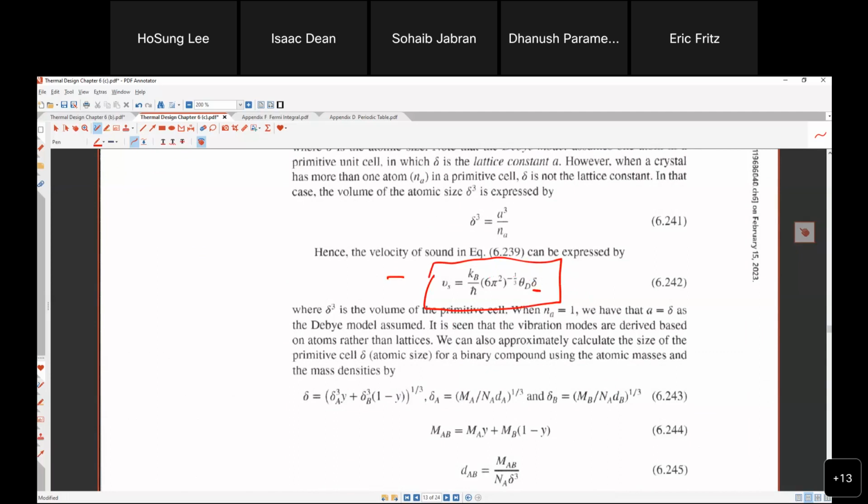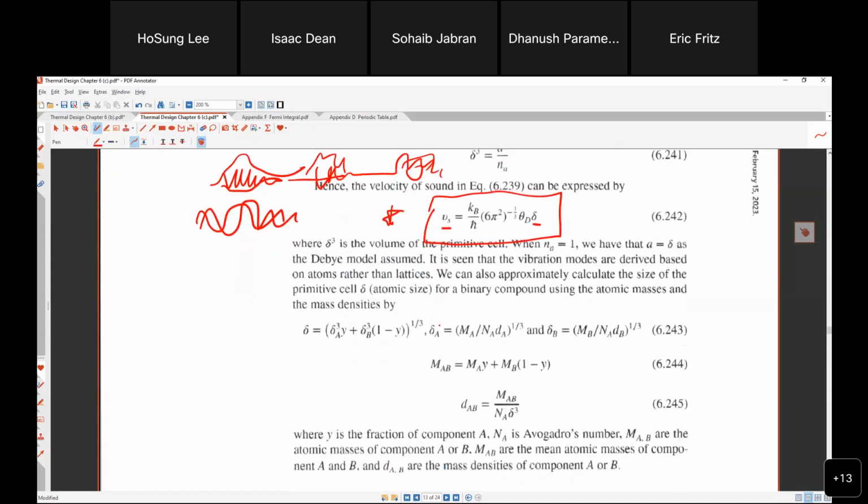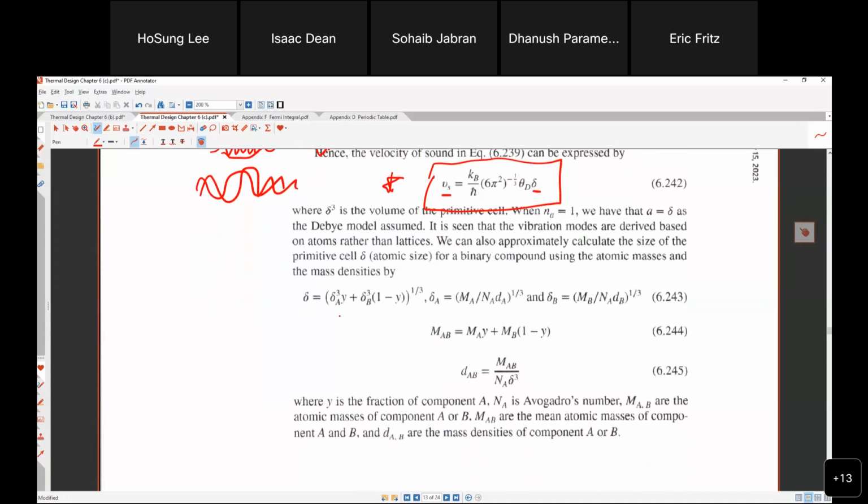So even velocity, sound velocity, this is group velocity. Why? Because there are so many vibrations, so it forms a group. I told you, it makes a group vibration. We assume sound velocity is group velocity, and atomic size.